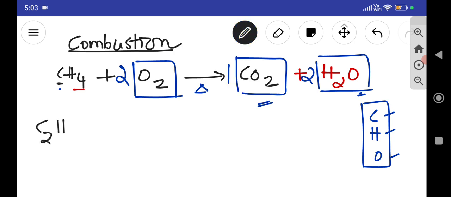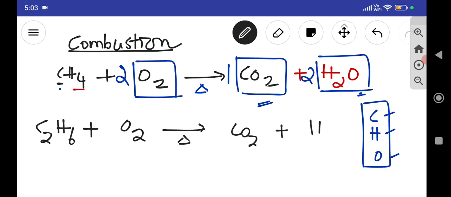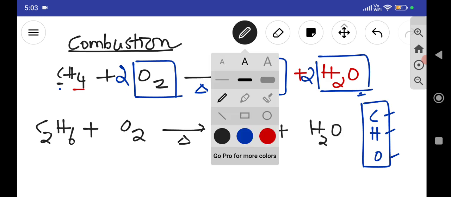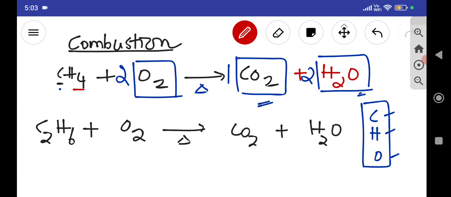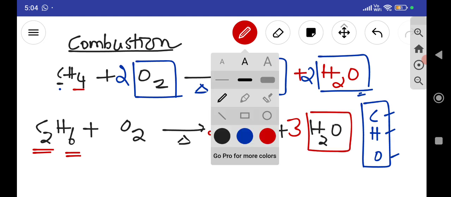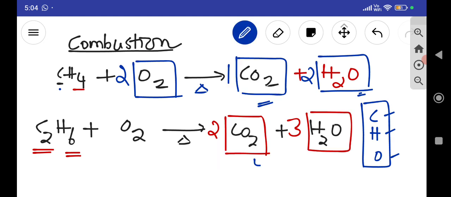Suppose ethane is there, C2H6 plus O2 on heating will give carbon dioxide plus water. Once again you have to follow the order of C, H, O. Carbon 2, so write coefficient 2 here. Then 6 hydrogens, write 3 here. Next oxygen, you count 4 plus 3, 7. If there is an odd number, immediately take it as 7 by 2.